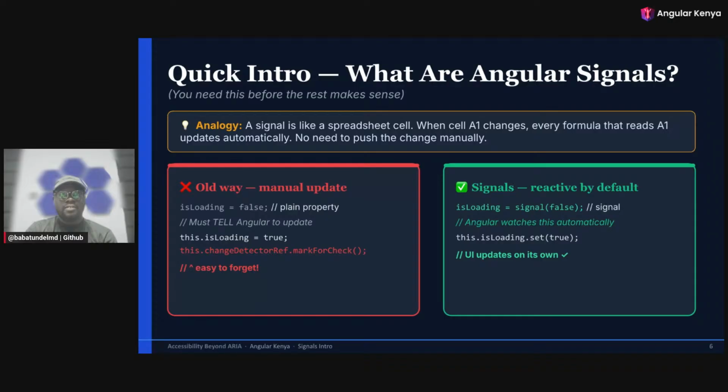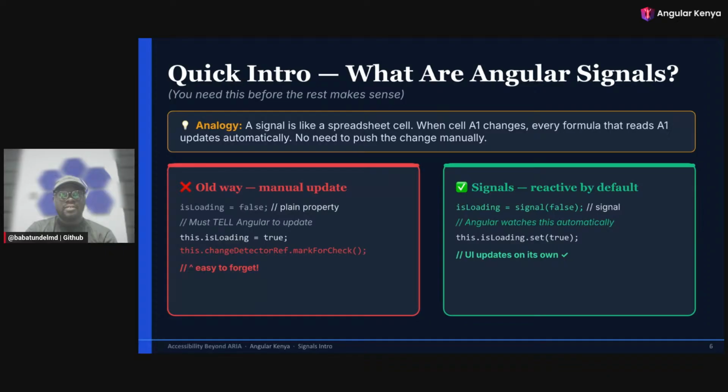The purpose of this webinar, this session, is to expose us to some of the tools that Angular has released over the years, over the months, and how you can integrate them into your application. But the truth is, if your application is still relying on old Angular APIs or old Angular ways of doing things, then it's not accessible, right?